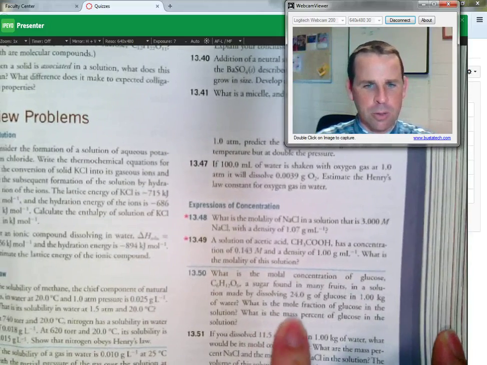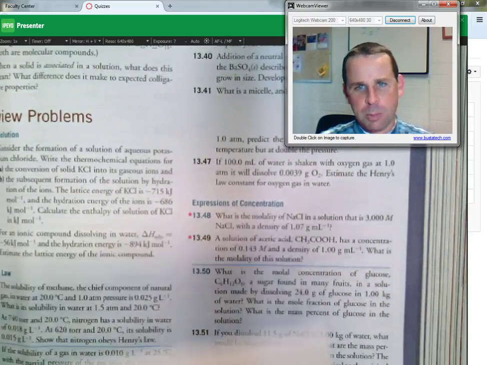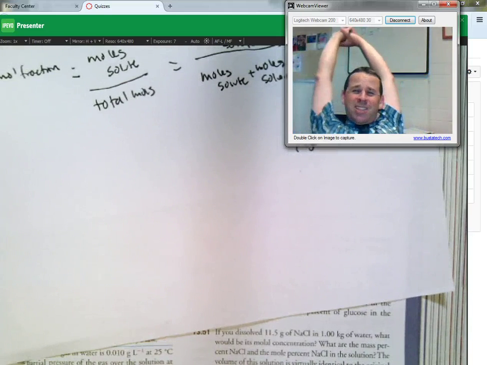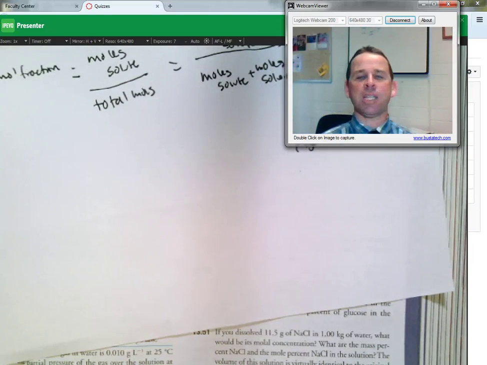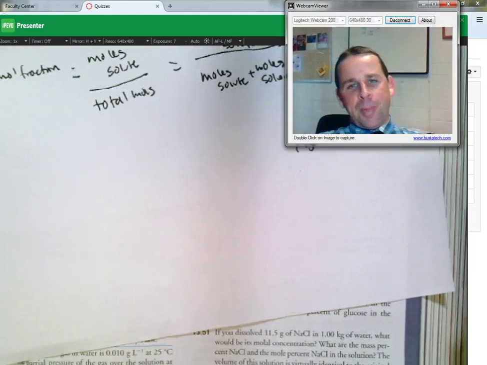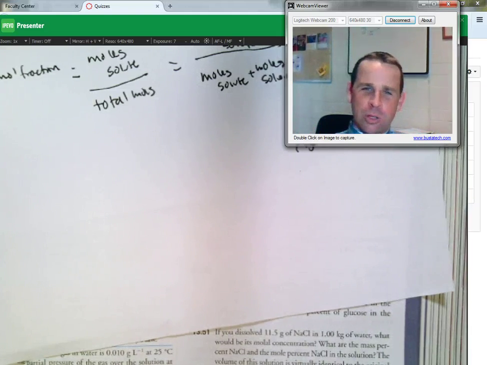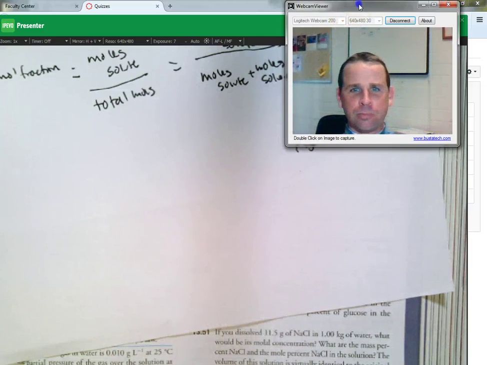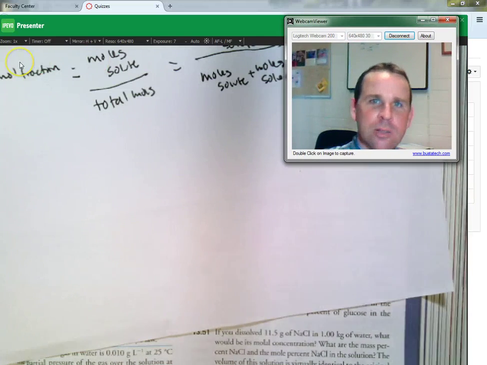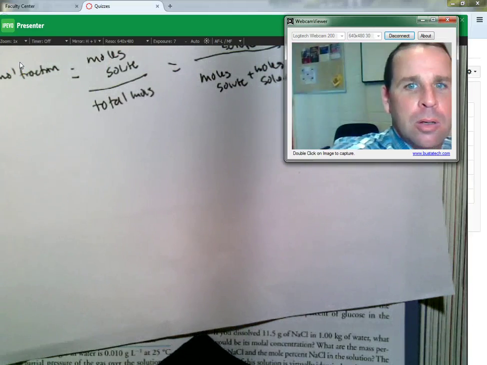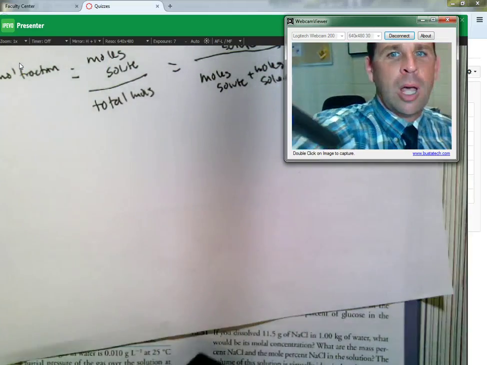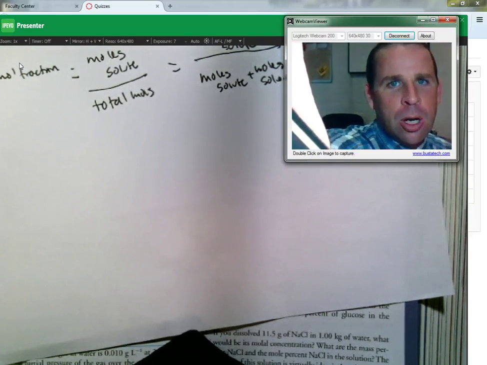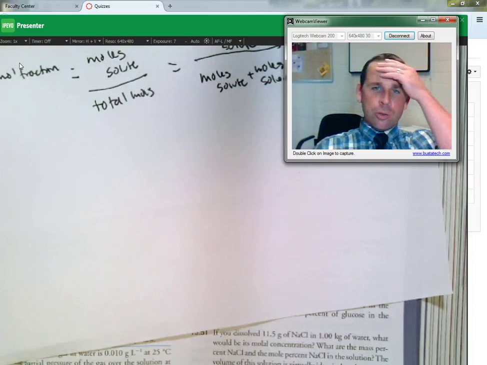And now we're after the mass percent of glucose. Now, mass percent means how many grams of solute per 100 grams of solution.